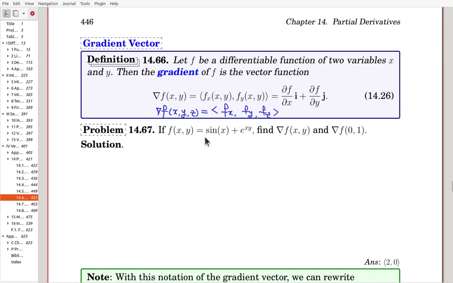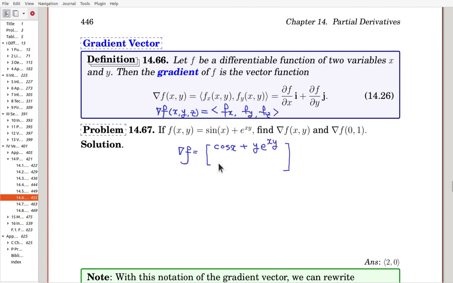Now f of x, y is given, and find the gradient of f and the gradient of f at 0, 1. Okay, let's do that. Here, the gradient of f. Now, it has two components, x derivative and y derivative. For this one, x derivative is cosine x, plus, for this one, y e to the xy.